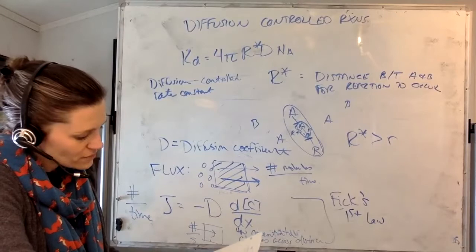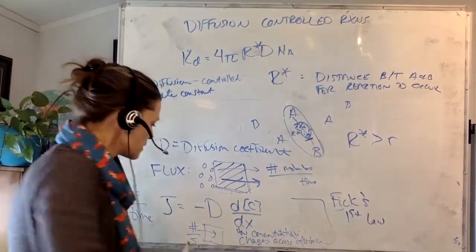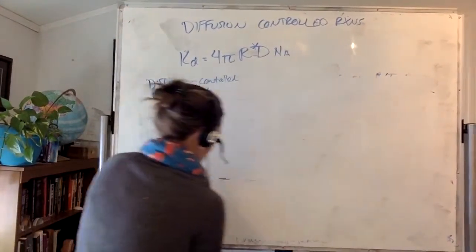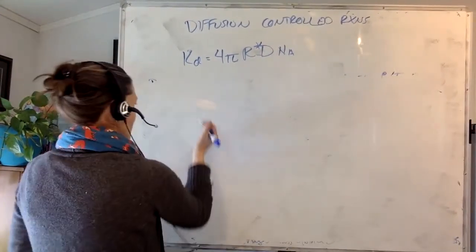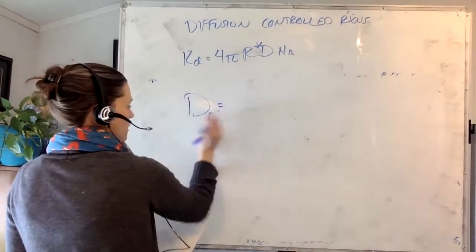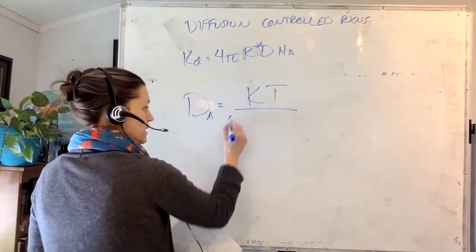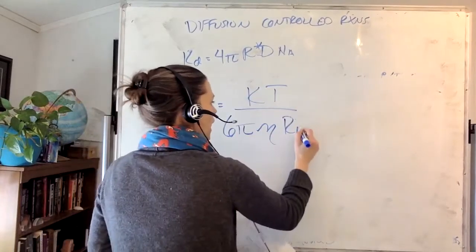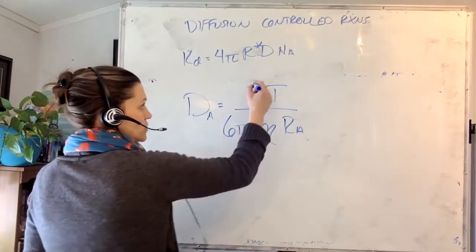All right. So the diffusion coefficient can also be related to some solvent properties. This is known as the Stokes-Einstein equation. The diffusion coefficient of A diffusing through a material is equal to kT divided by 6 pi eta R_A. So kT is k_B times T, Boltzmann's constant.